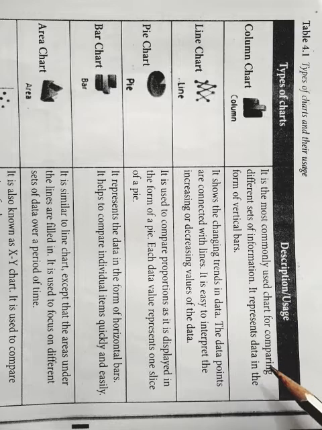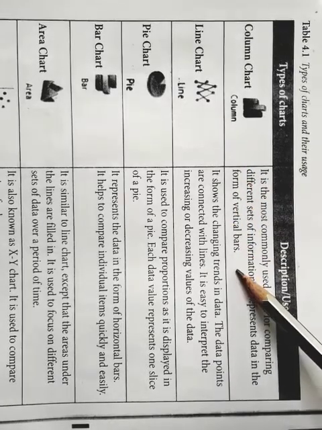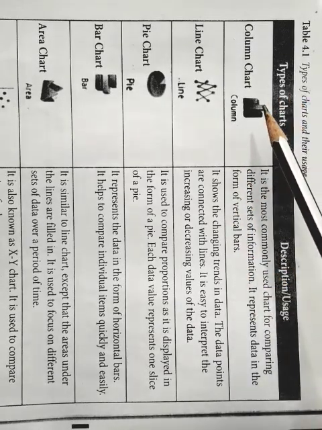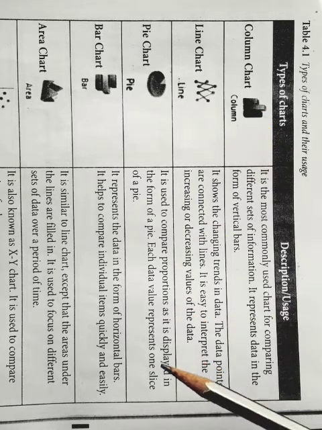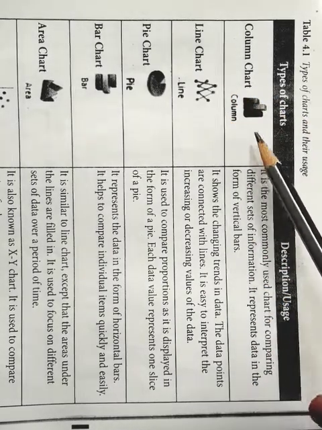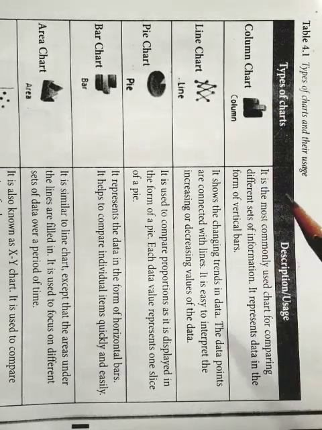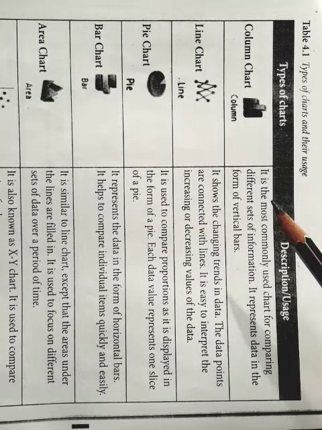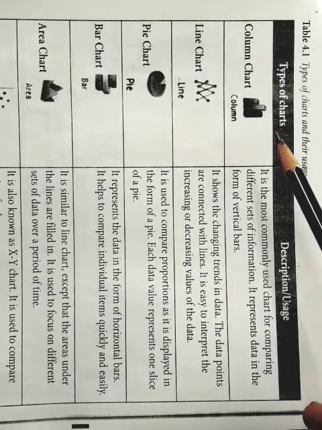It represents data in the form of vertical bars. Dear students, you can see these are the vertical bars. These types of charts are used for comparing different sets of information. You might have seen these charts while there is a cricket match on your television, to show the runs made by batsmen in particular overs.